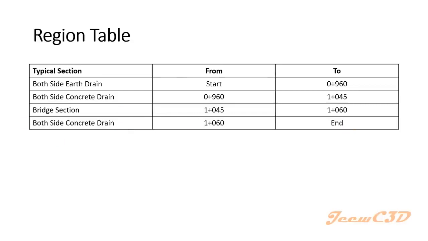So we have to create 3 typical cross sections for this project. That means both side earth drain, both side concrete drain, and the bridge section. You have to create 3 typical sections.